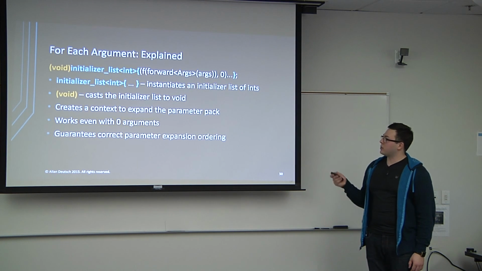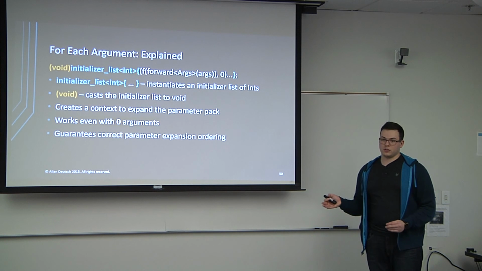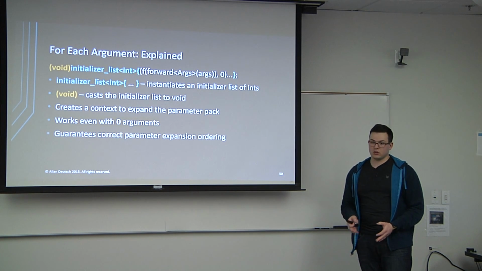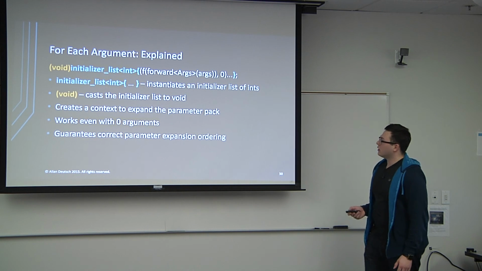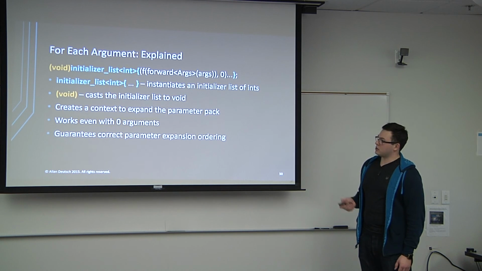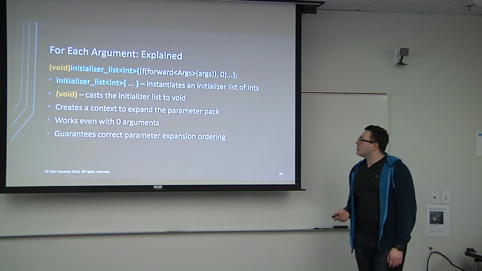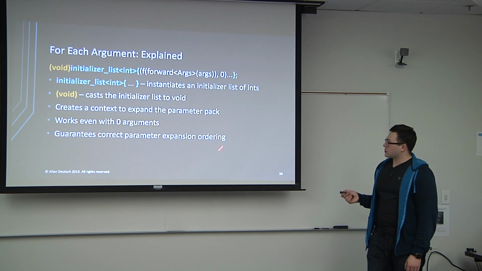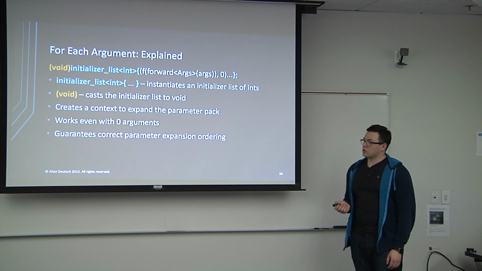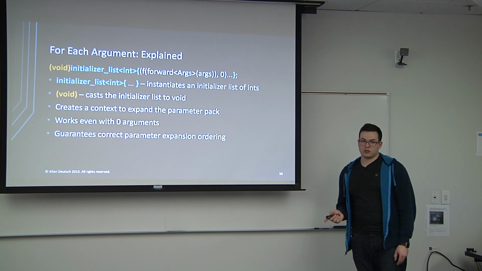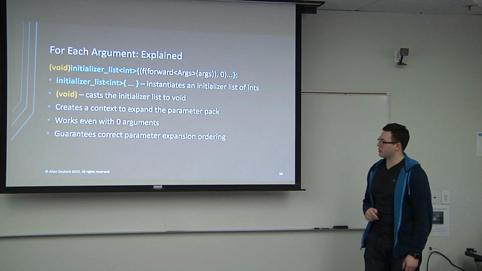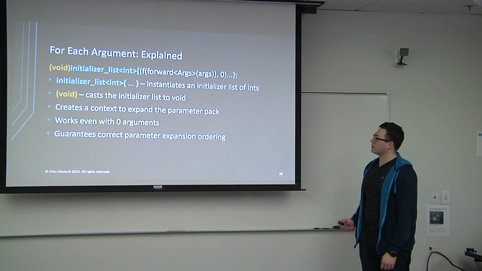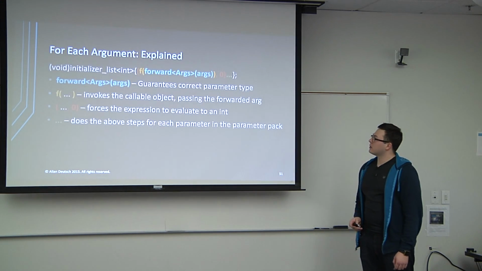We also want to pass all of the different parameters to this function to our Lambda, so we have to create some context where that's valid. And then void just casts it to void. That's not anything clever. And then to create a context to expand the parameter pack, it has to work with 0 arguments. That's the other catch. So it's guaranteed correct parameter expansion ordering when we do it this way.